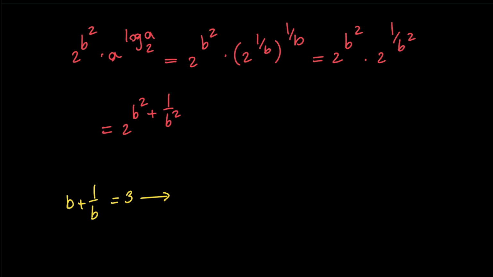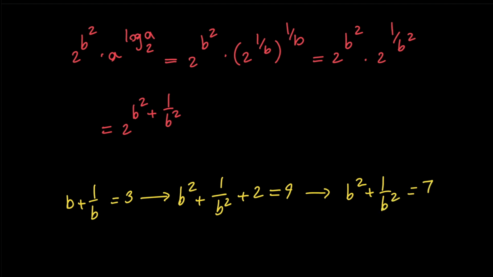If I square both sides, we will have b squared plus 1 over b squared plus 2 equals 9. And from this, I can say that b squared plus 1 over b squared equals 7. And based on this, I can say that our expression is equal to 2 to the power 7, which is equal to 128.